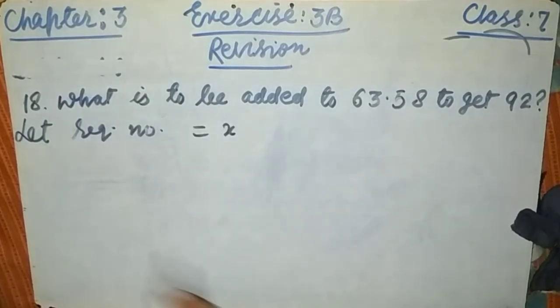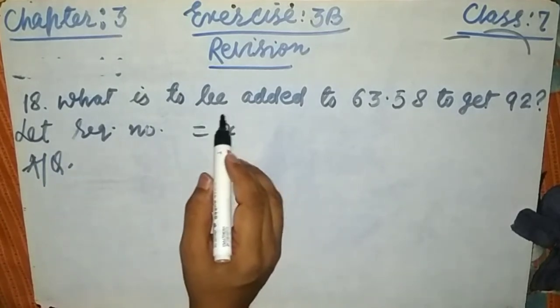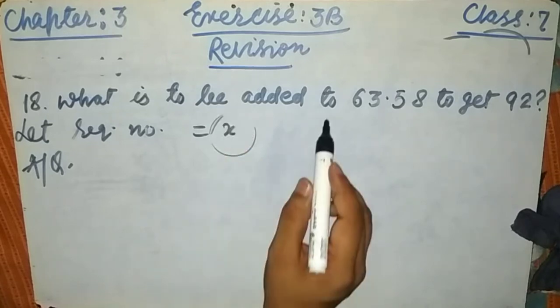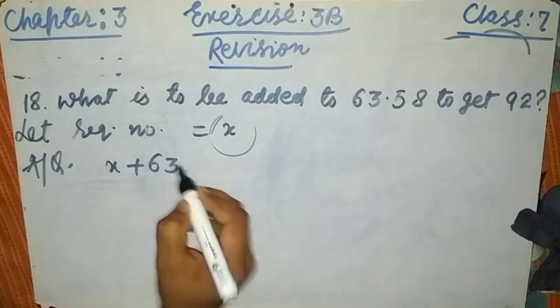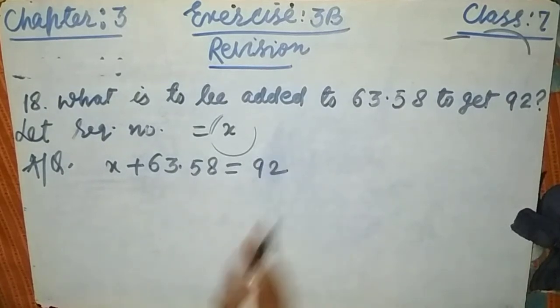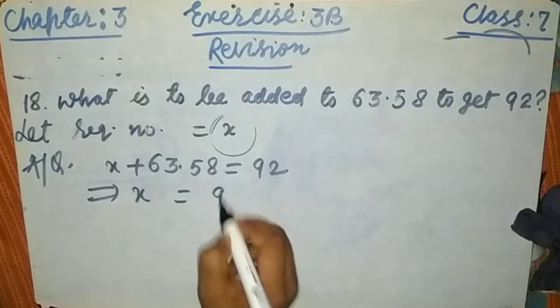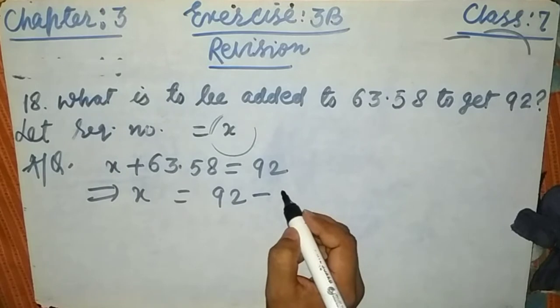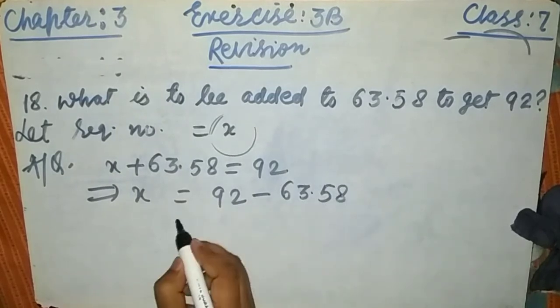That means x is added, according to the question, friends. What is to be added? We have considered that as x. So x is to be added to 63.58, and it gives us 92. Subtract 63.58 as it is: bring the 92 to the right hand side with the negative sign, 63.58.